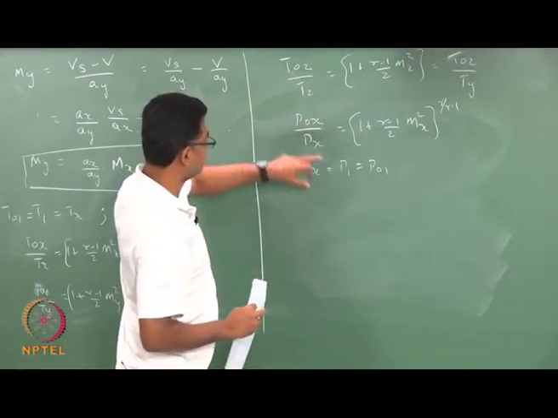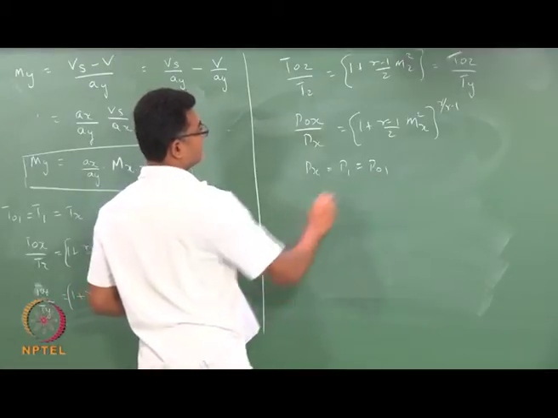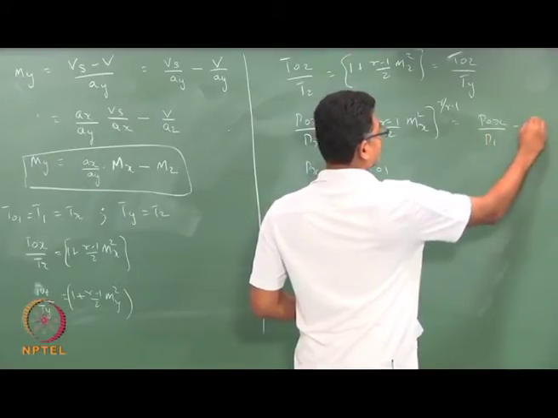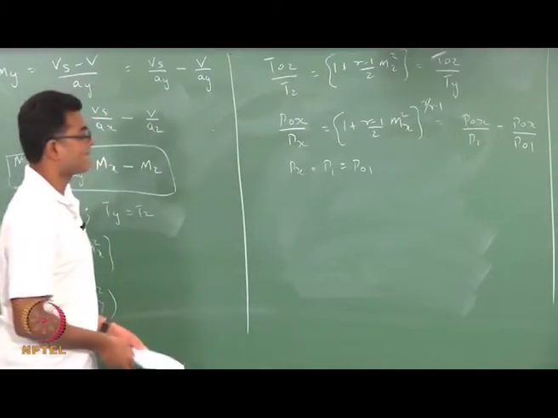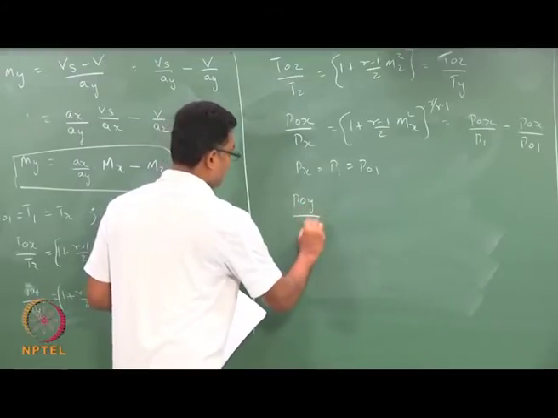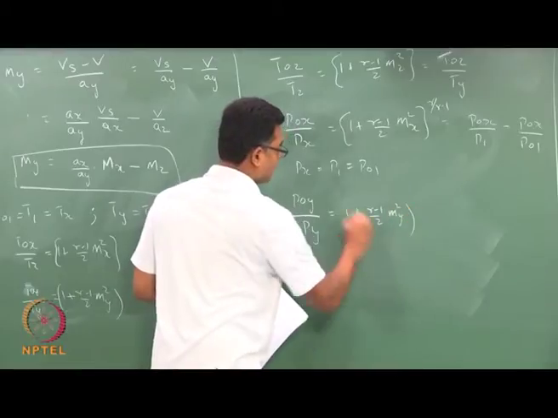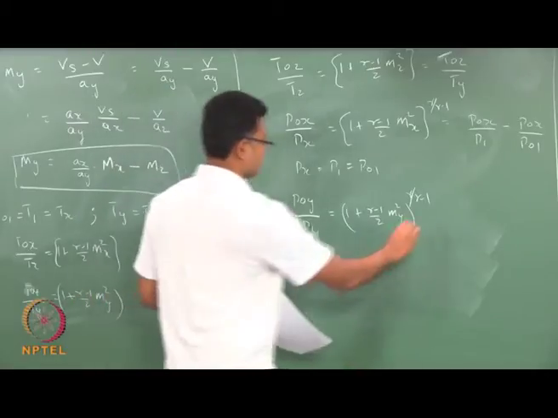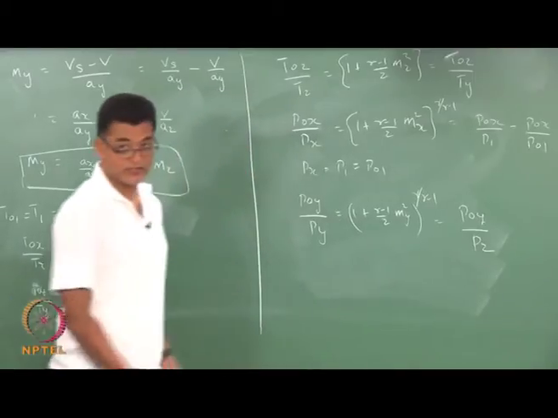So, I can replace this with any one of these quantities, which is equal to P0x by P1, which is equal to P0x by P01. Likewise, P0y by Py is 1 plus gamma minus 1 by 2 My square to the power gamma by gamma minus 1, which is equal to P0y by P2, because the static quantities are same.